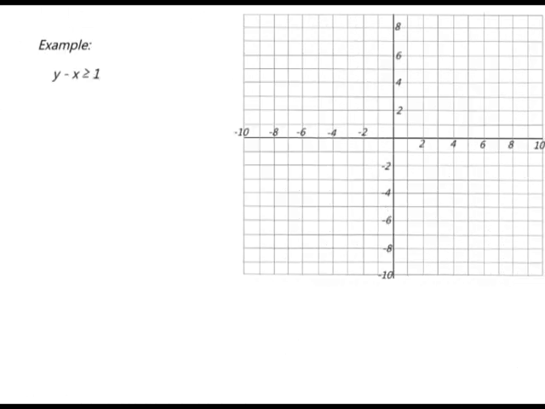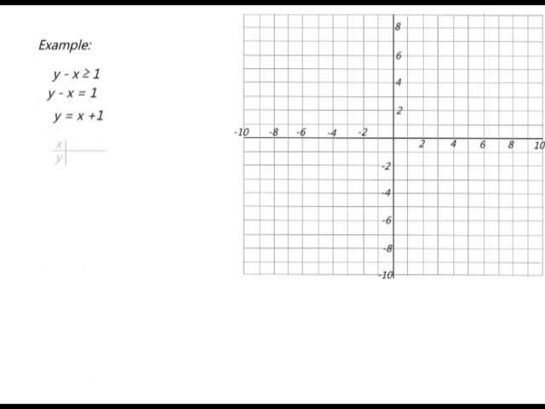Lastly, y minus x is greater or equal to 1. First, we write it as an equation. Y minus x is equal to 1. We rewrite it in the form of y is equal to mx plus c, and we shall have y is equal to x plus 1.